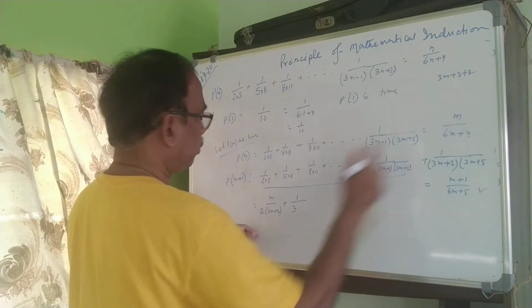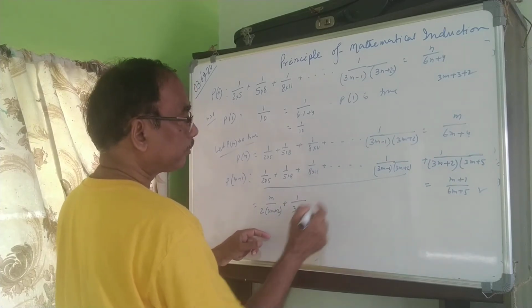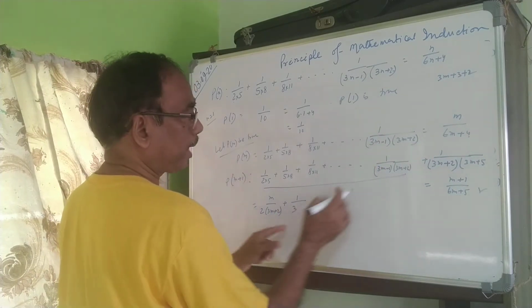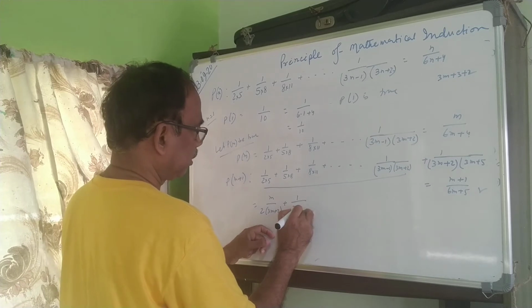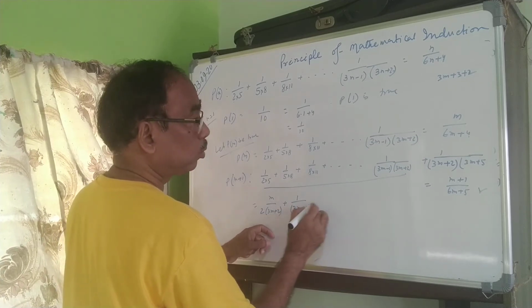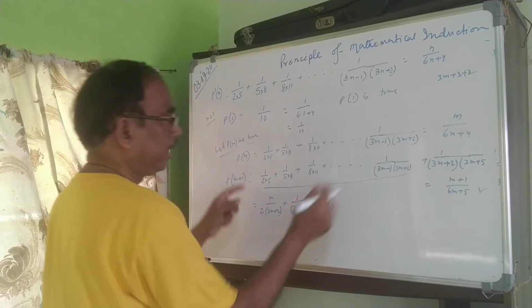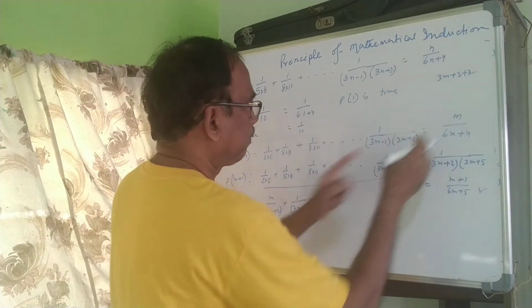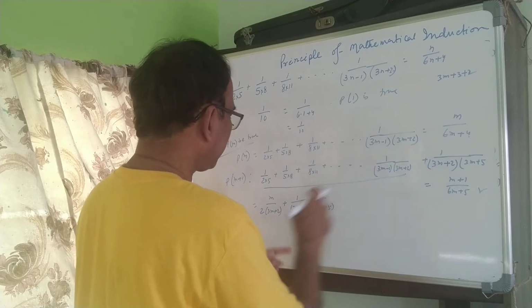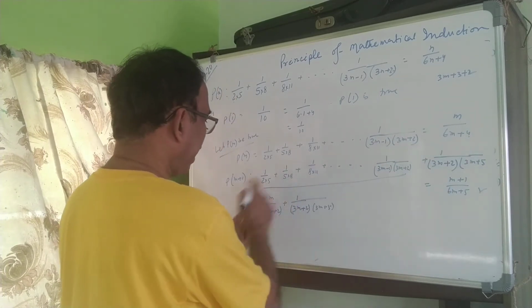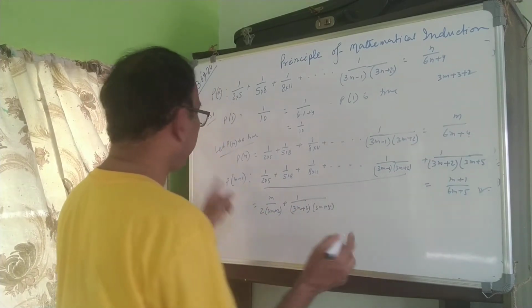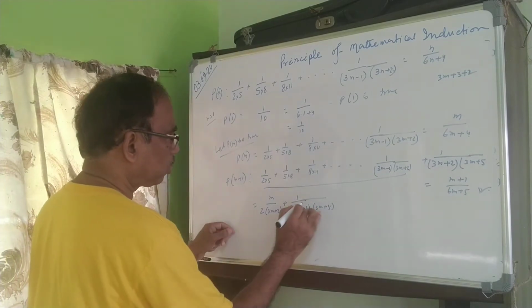Its value is this, plus 1 by 3m plus 2, 3m plus 5. We have to add these, and the addition value should be this. Then P(m+1) will be true.